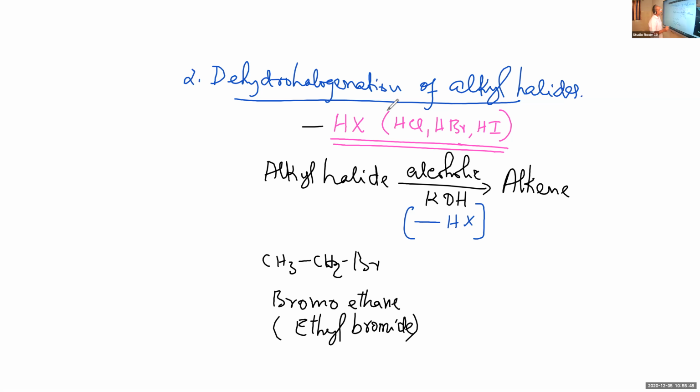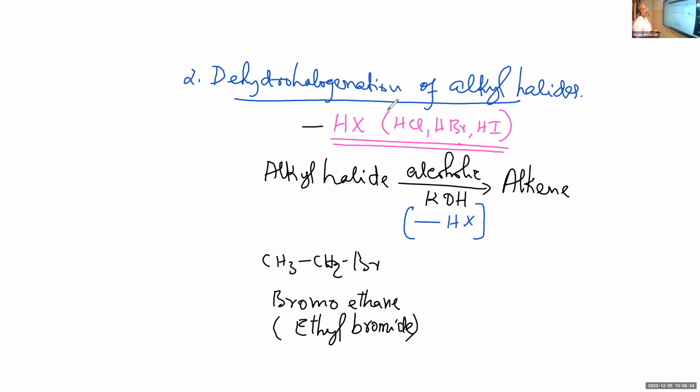There are two carbon atoms, ethane, and there is a bromine atom on the carbon of ethane, so it is bromoethane in the IUPAC name. In the common system, it is called ethyl bromide.